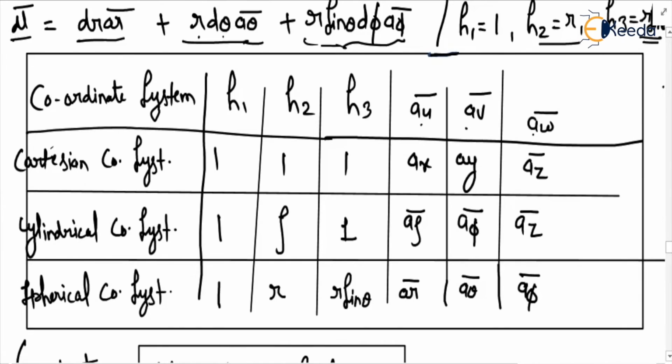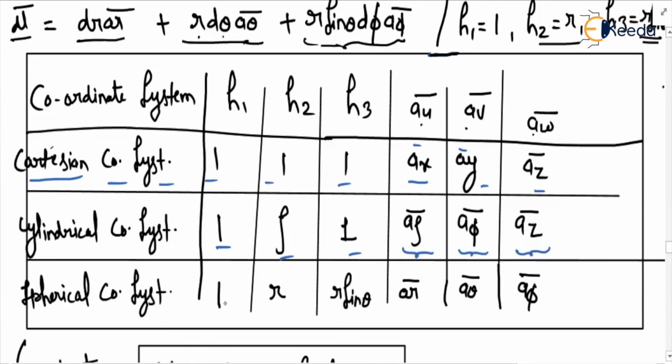In the Cartesian coordinate system the values are 1, 1, and 1, and ax, ay, and az are the unit vectors. In the cylindrical coordinate system, it is 1, rho, and 1, and the unit vectors are a rho, a phi, and az.